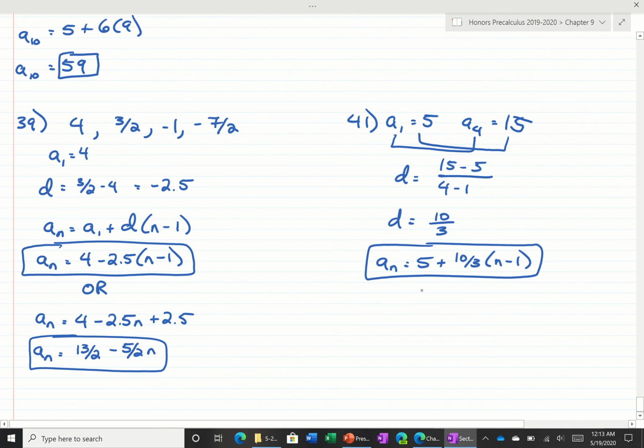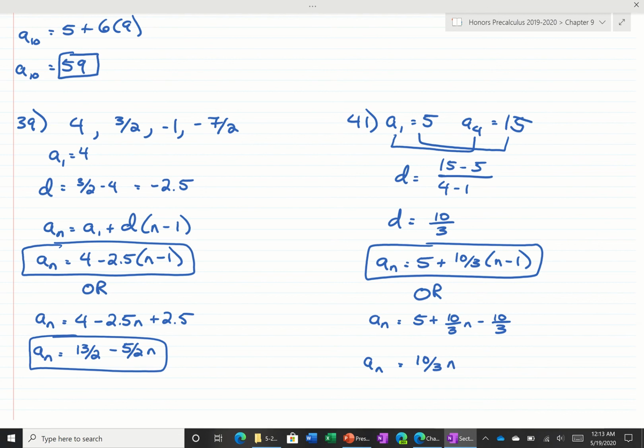There we go. We should also be able to rewrite it. And combining like terms, we'll get 10/3 n, and then 5 minus 10/3 is 5/3.